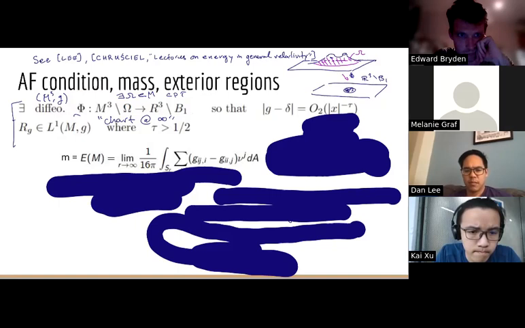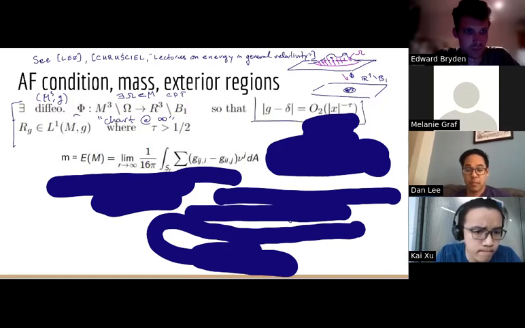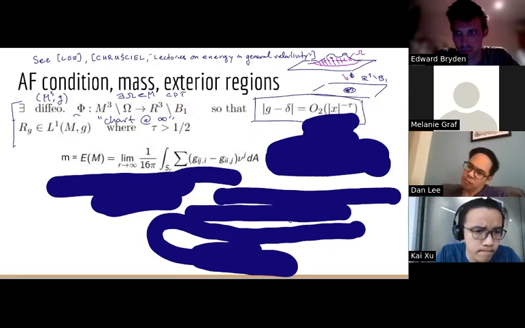Now that you can compare one metric to another using this diffeomorphism, you can talk about the difference between the two metrics, the flat metric delta and g on your manifold.